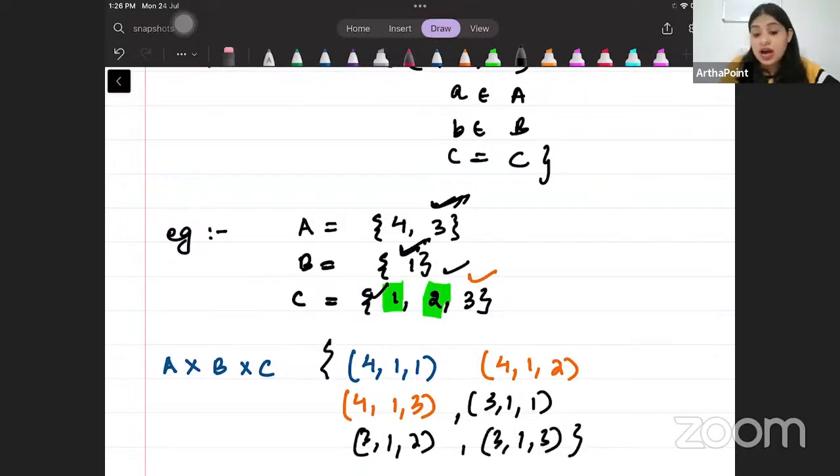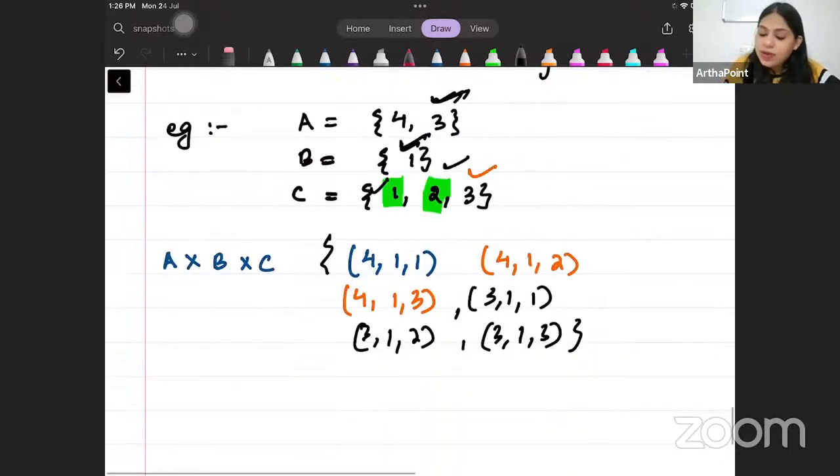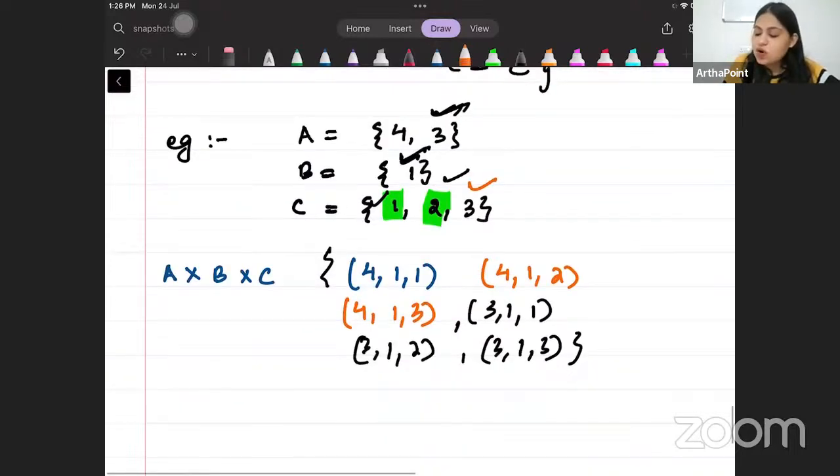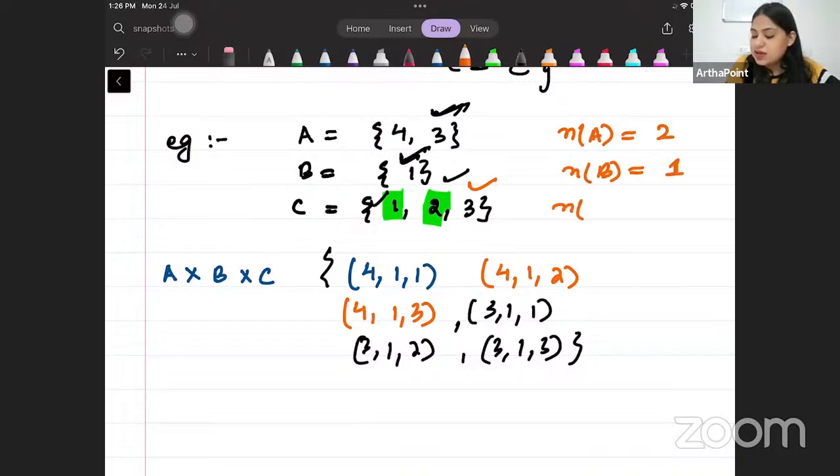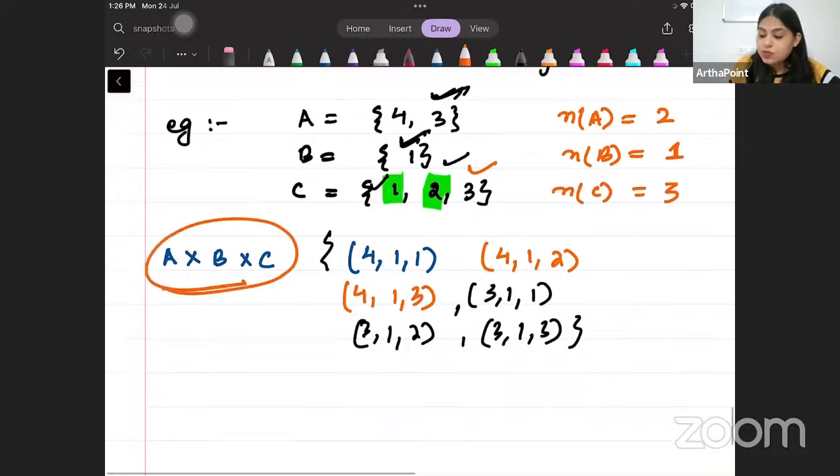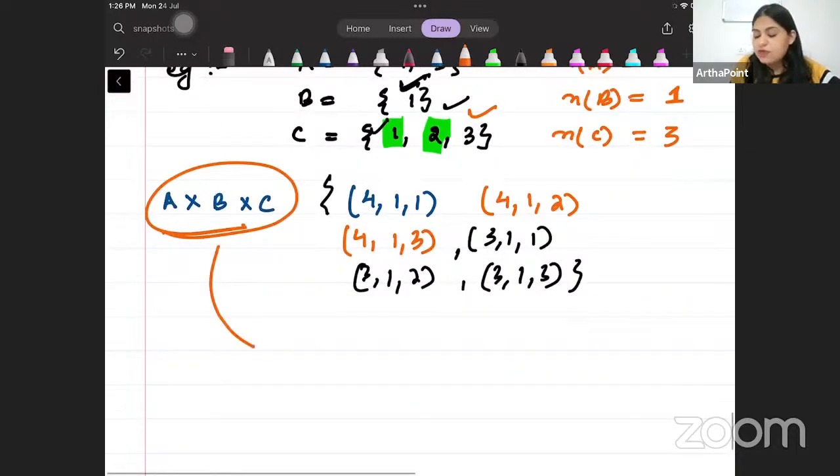Now we have to ask, are we doing the right thing? How many elements A has? I just taught you this, 2 beta. How many elements B has? 1 beta. How many elements C has? 3 beta. तो इसमें कितने elements होने चाहिए? We know the rule. It should be multiplication of the number of elements.